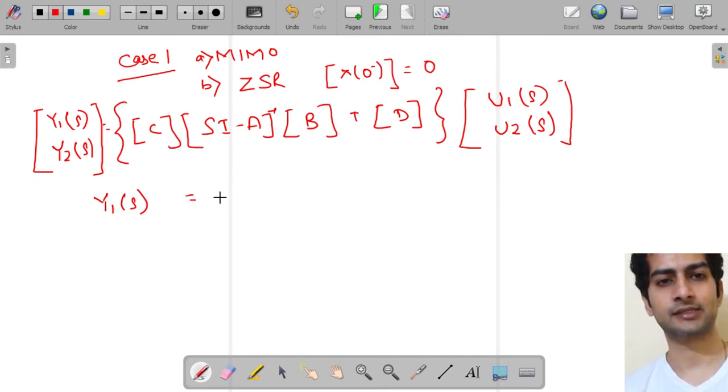Suppose I assume the entries as W, X, Y, Z. It will be a function of s, and here we will get U1(s).